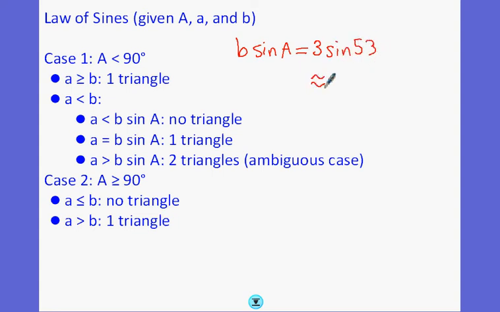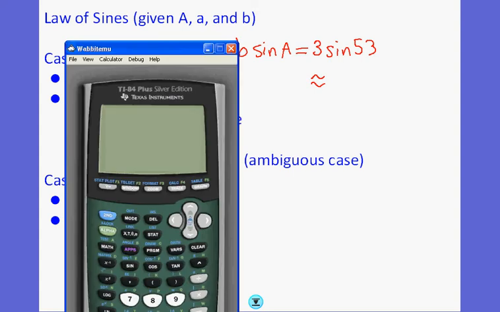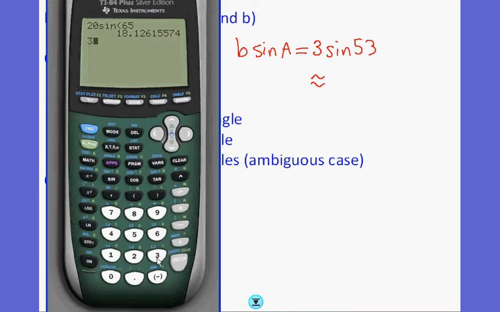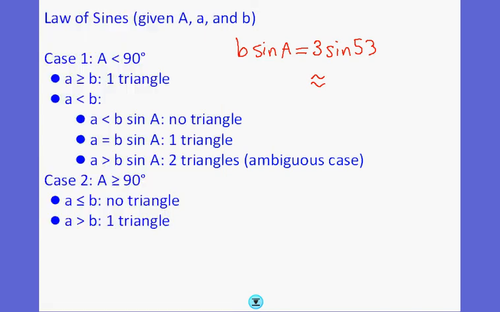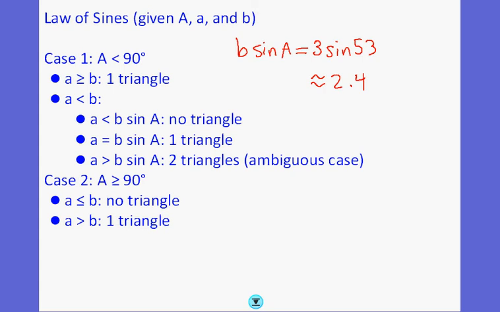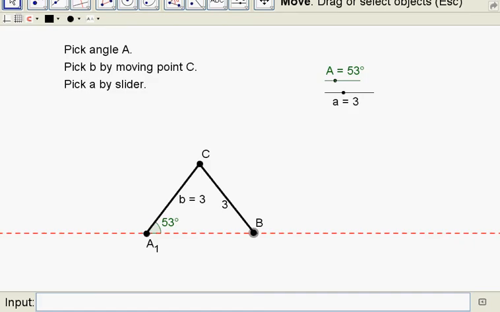And I'm going to use a calculator to get an approximation for that. 3 sine 53. Okay, 2.4 about. So I'm going to close the calculator. What I'm seeing is, let's say A is less than 2.4.